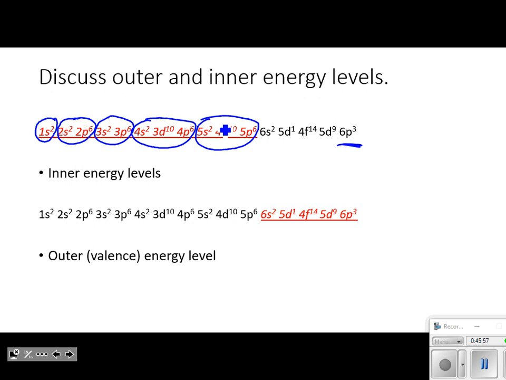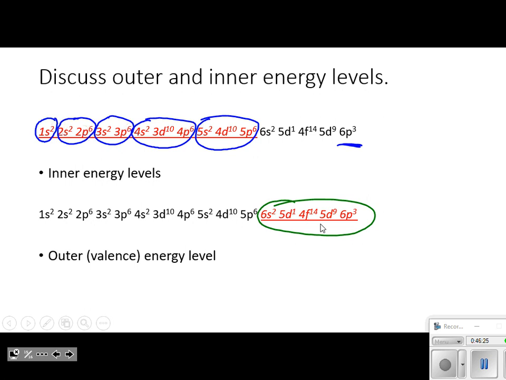Now, the one that is not full is what we call the valence electrons. So here is a non-filled energy level. That is the outer energy level. That is what we call the valence energy level.